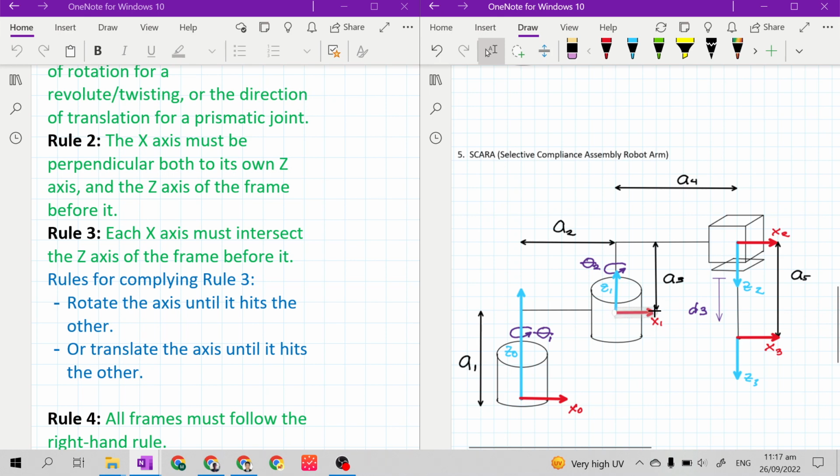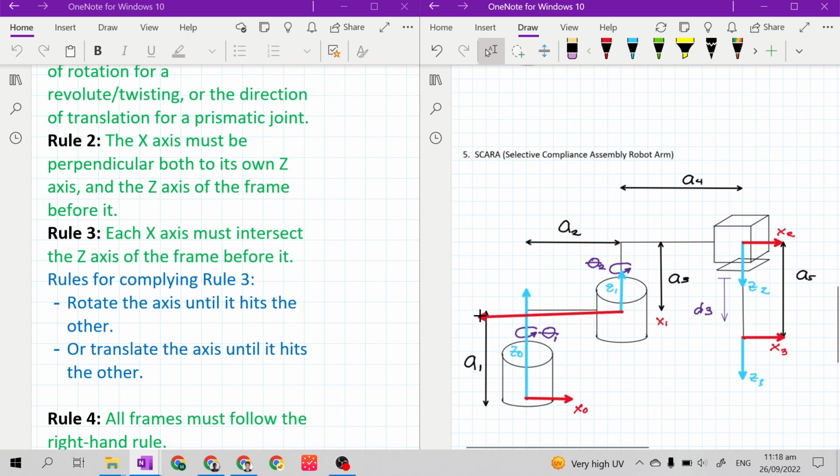But if we extend x sub 1 to its negative direction, it will intersect with z sub 0. So x sub 1 complies with rule 3. Next is for x sub 2.